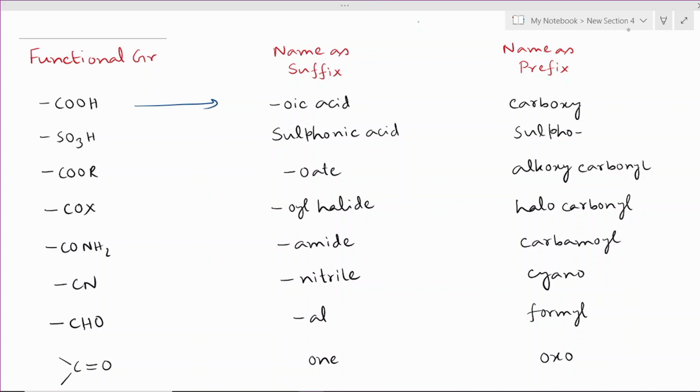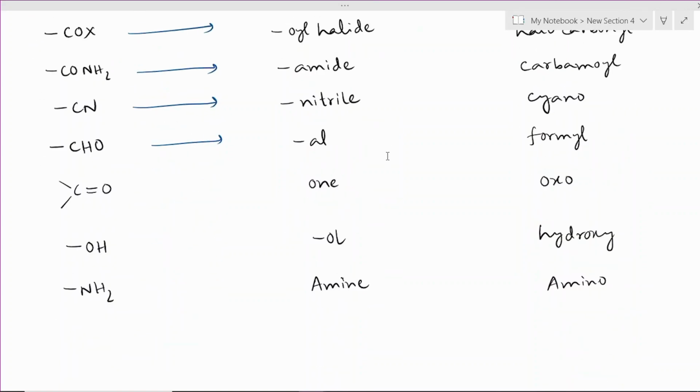If a sulfonic acid group is present, then it will be sulfonic acid. If an ester is present, then it will be oate. An acid halide represents oyl halide. An amide represents amide. A CN group represents nitrile, and an aldehyde group represents al. A keto group represents one, an alcohol group represents ol, and an amine represents amine.